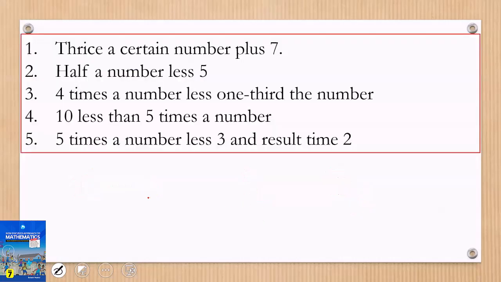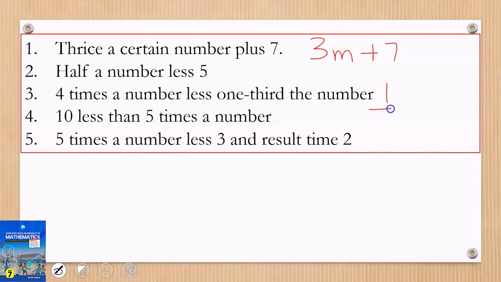Now, let's see examples. If I say thrice a certain number plus 7, I've used multiplication and addition at the same time. Half a number less 5.